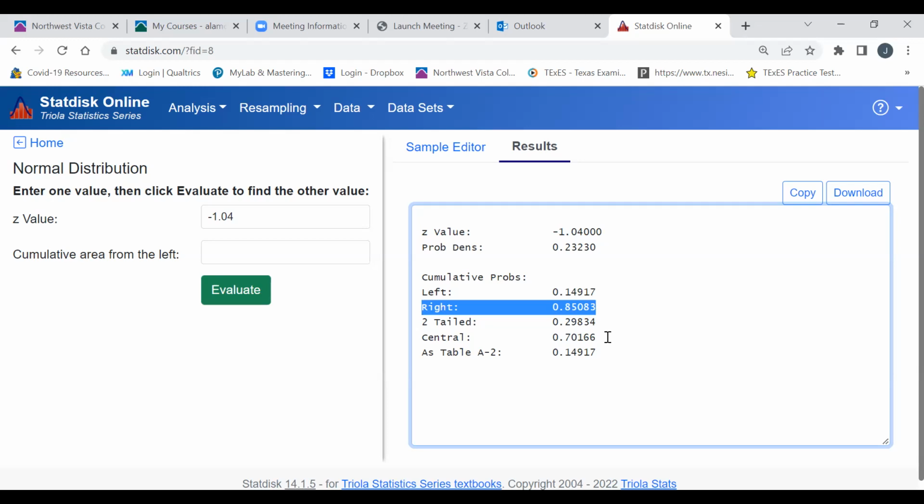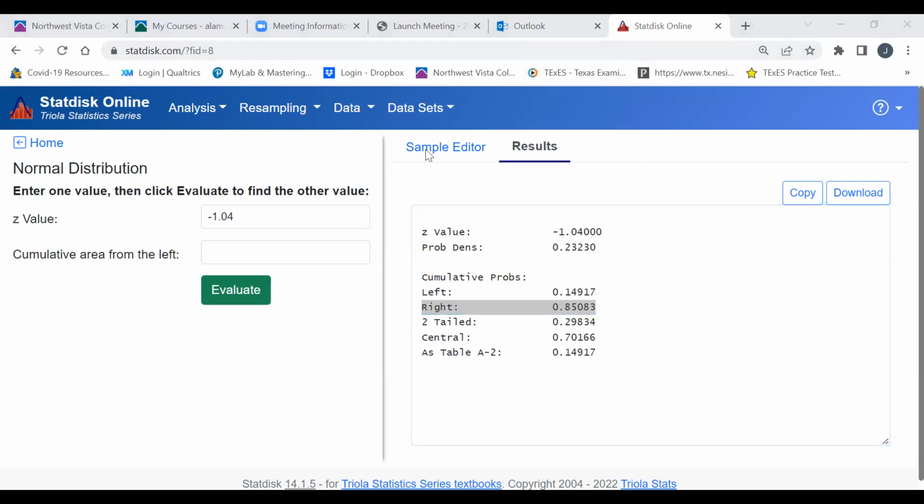0.85083, and I have to remember to round to 4 places, so that equals 0.8508.